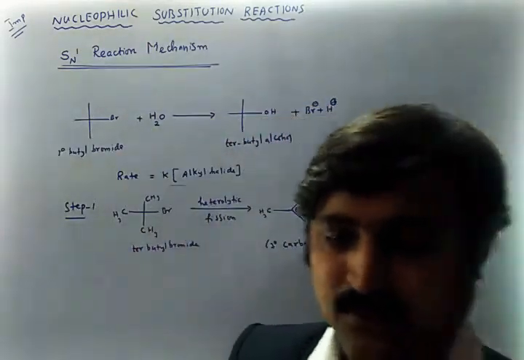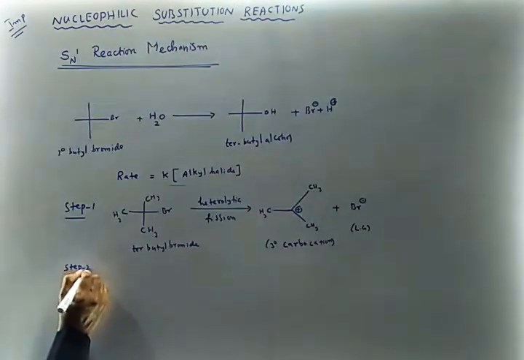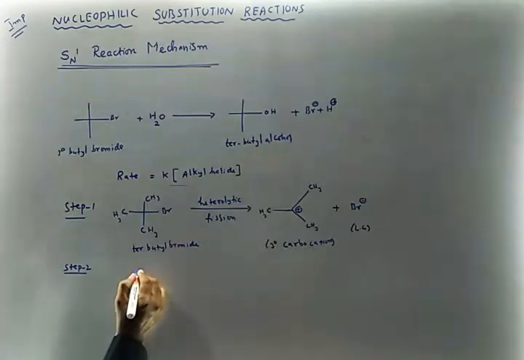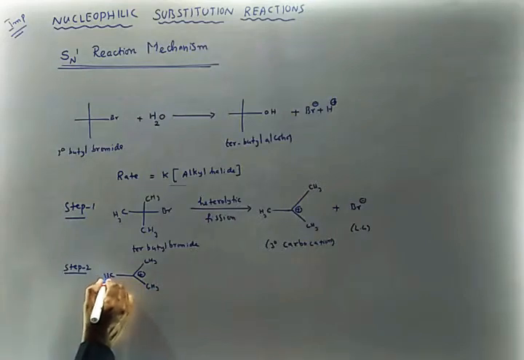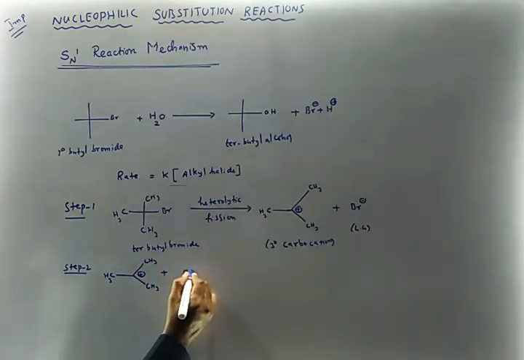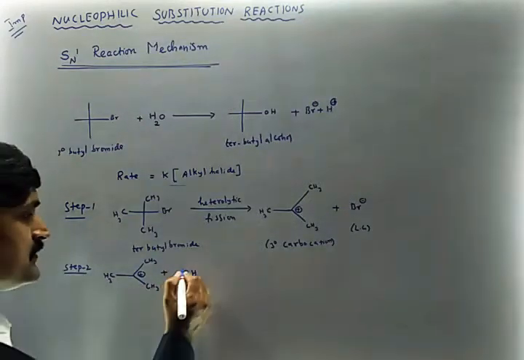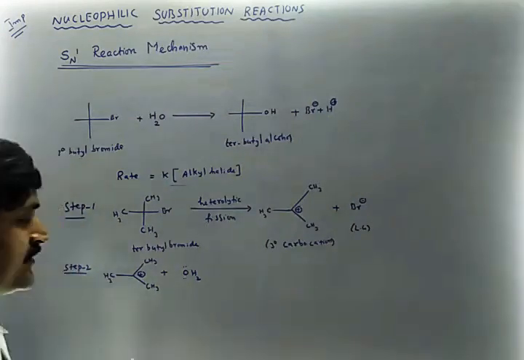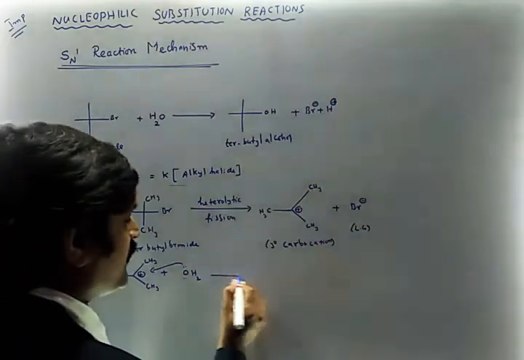Coming to the second step, the nucleophile attacks the carbocation. In step 2, whatever the nucleophile is, that will attack the positively charged carbocation. The nucleophile we are taking is water, having oxygen with 2 lone pairs of electrons, and one of the lone pairs will fall onto this carbocation.